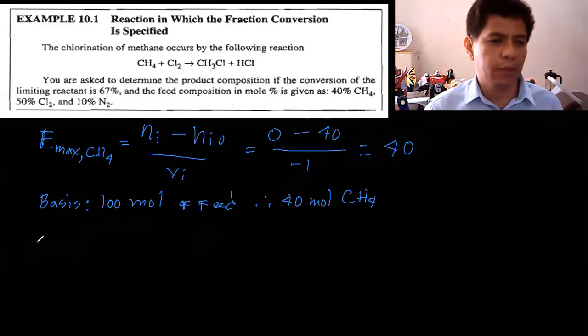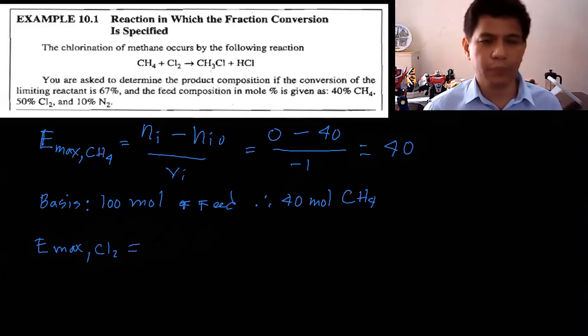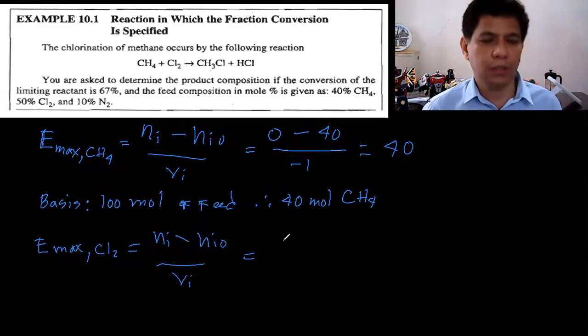Okay. Let's try to calculate Emax of Cl2. The same equation, N sub I minus N sub IO divided by B sub I. So that would be 0. It's always 0 for Emax. And then for chlorine, the initial number of moles is 50.